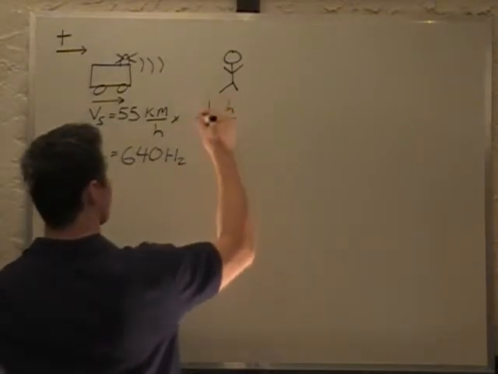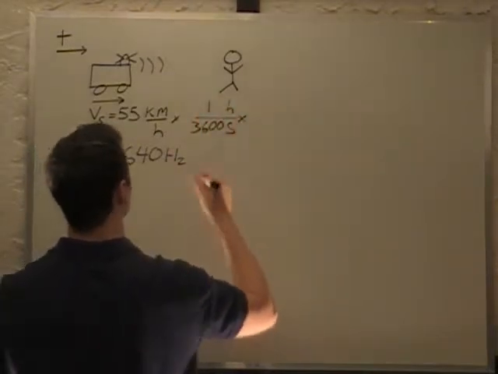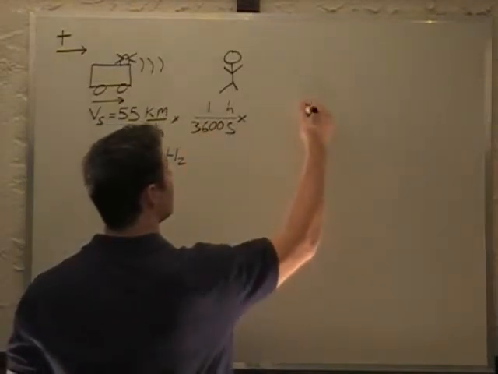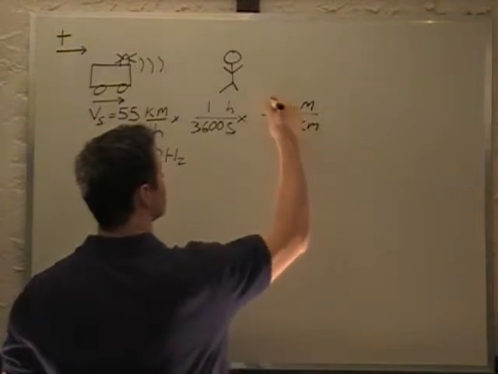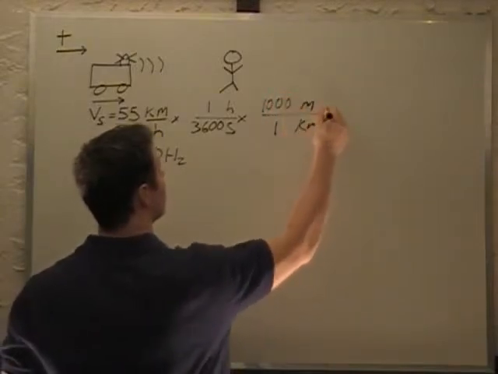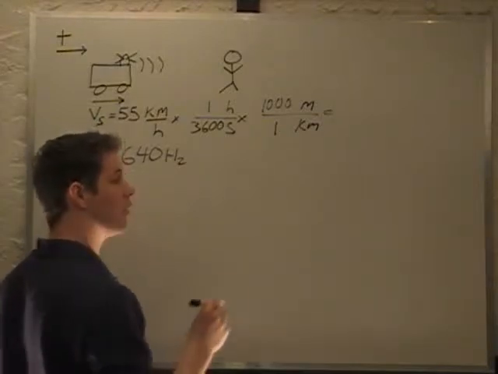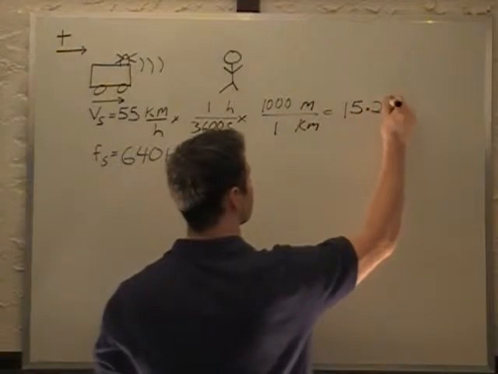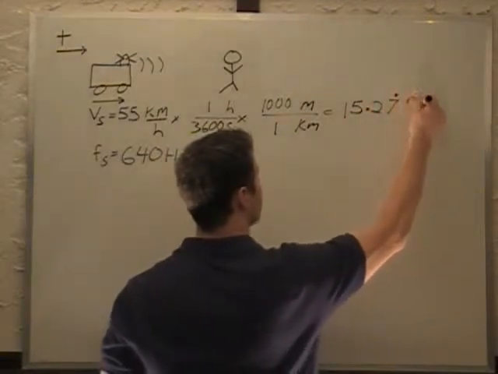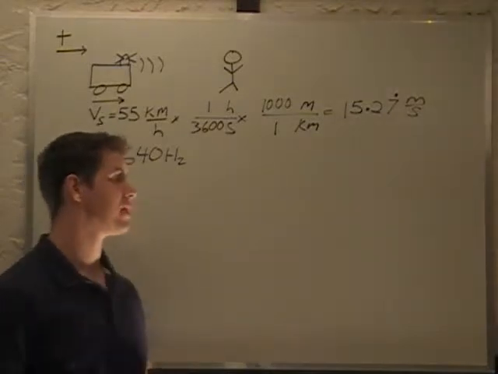So we have 1 hour, and it's 3,600 seconds in an hour, times the number of meters in 1 kilometer, to cancel those units out. So we get a total of, this is moving at 15.27 meters per second. And the 7 is repeating, so that's why I put the dot above it, indicates it's repeating 15.27777.